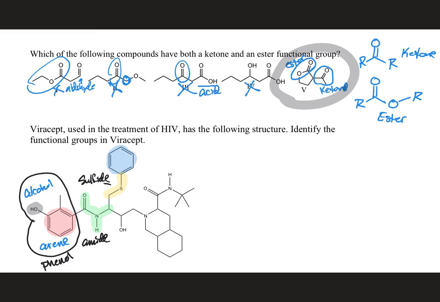We have another arene here. Here's another amide. There's an alcohol. And then finally, wrong coloring apparatus, there we go. That is an amine.